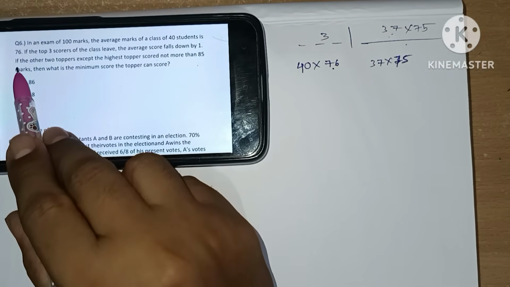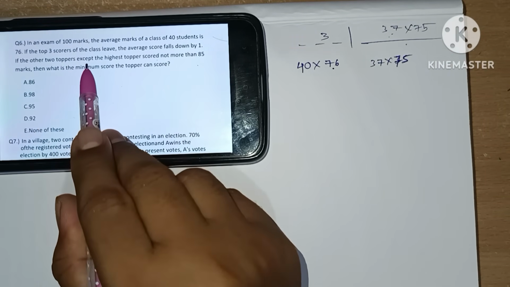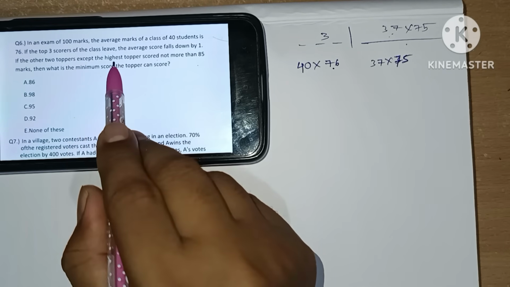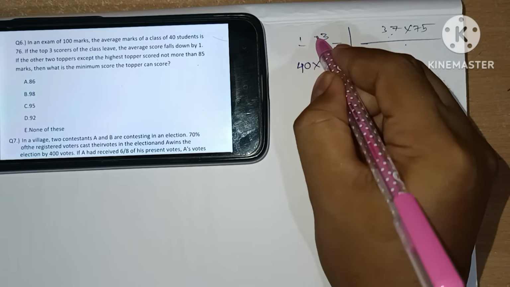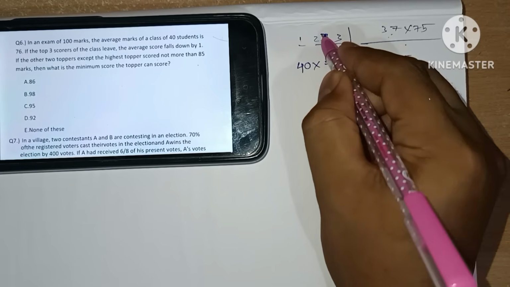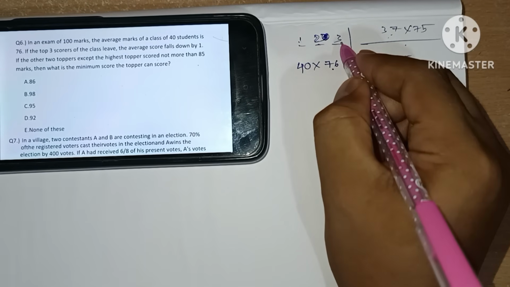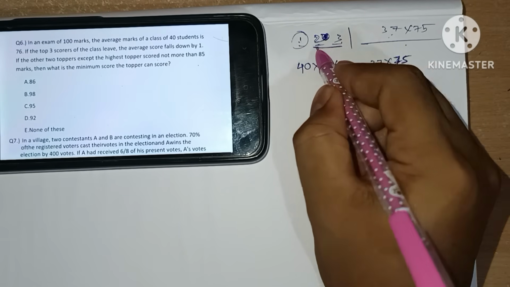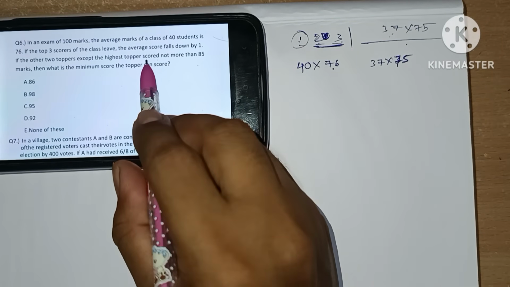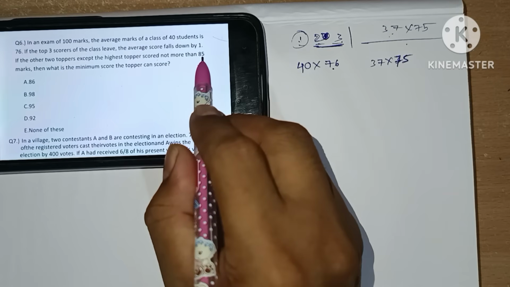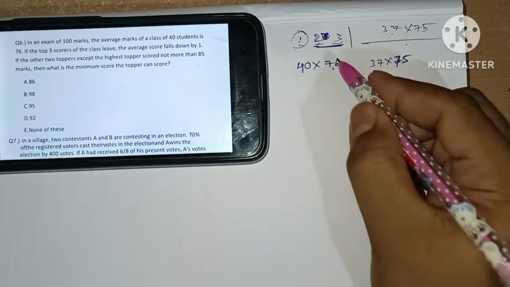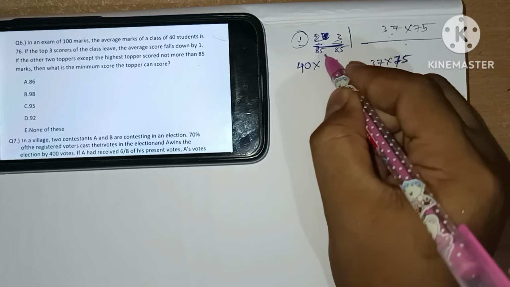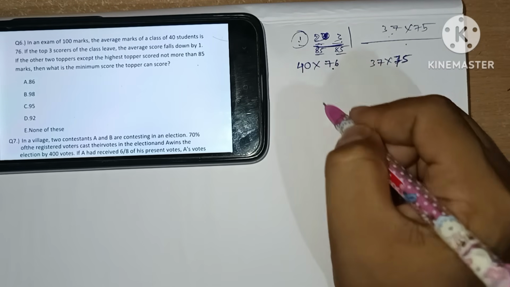And it is said that the other two toppers except the highest topper, first ranker, second ranker, third ranker, except this one, these two scored not more than 85. So it means they could reach up to 85, but they did not score more than 85.